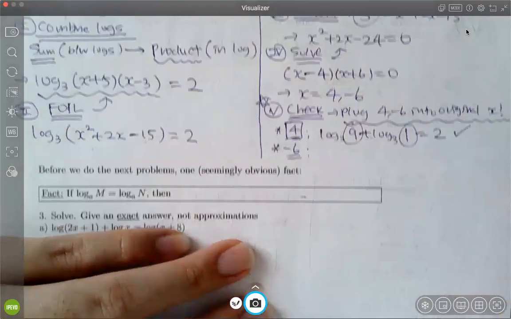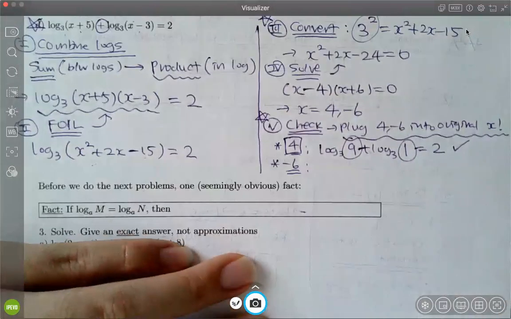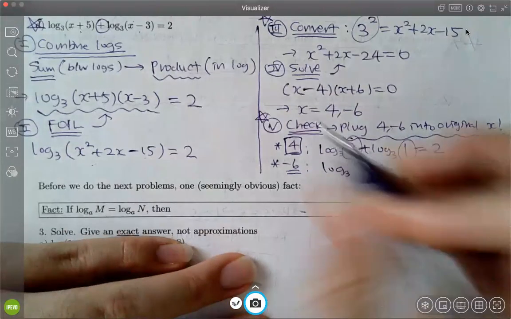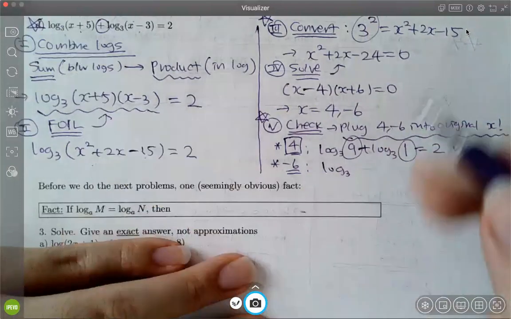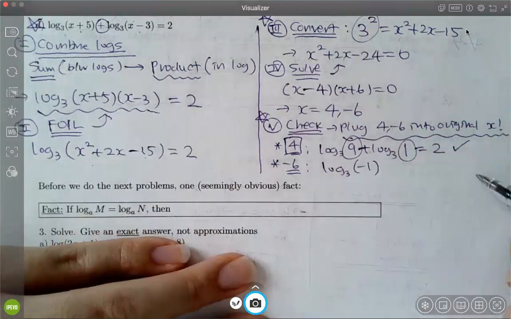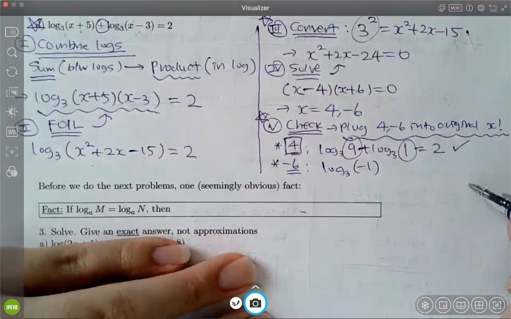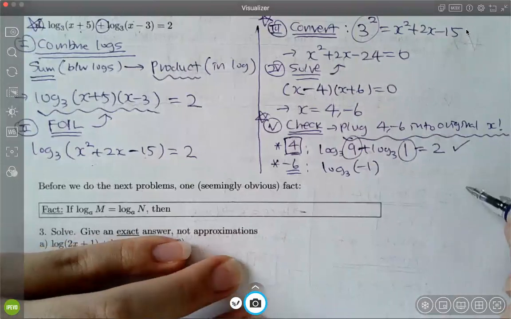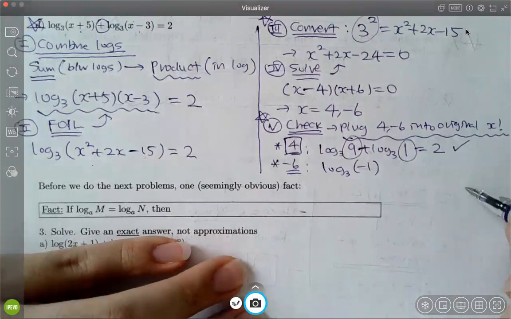Okay, now check negative 6. So what do you get? Log 3 of negative 6 plus 5. So what does that mean? Negative 1, right? Now, the neat thing about this checking process is if you get a negative number within the log somewhere, you don't need to go further.